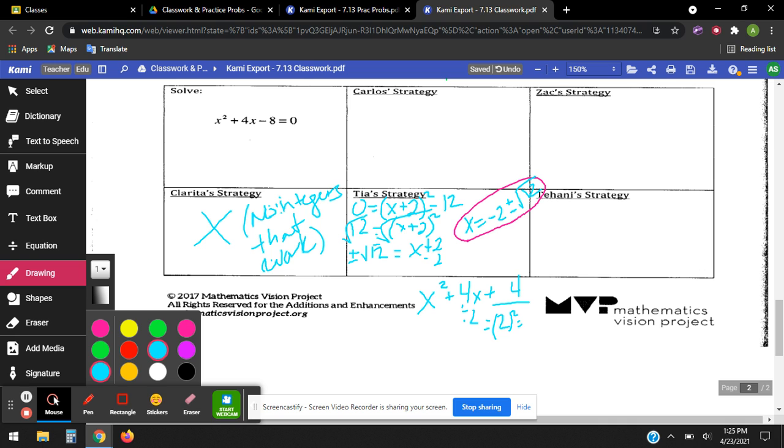Okay, and so Carlos, if we make a table, let's see what numbers we get here if we're going to do it. So -2 plus the square root of 12 is 1.4.